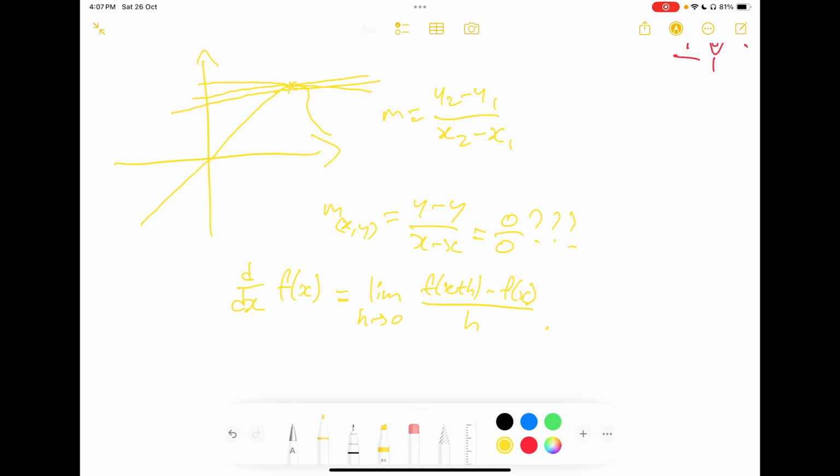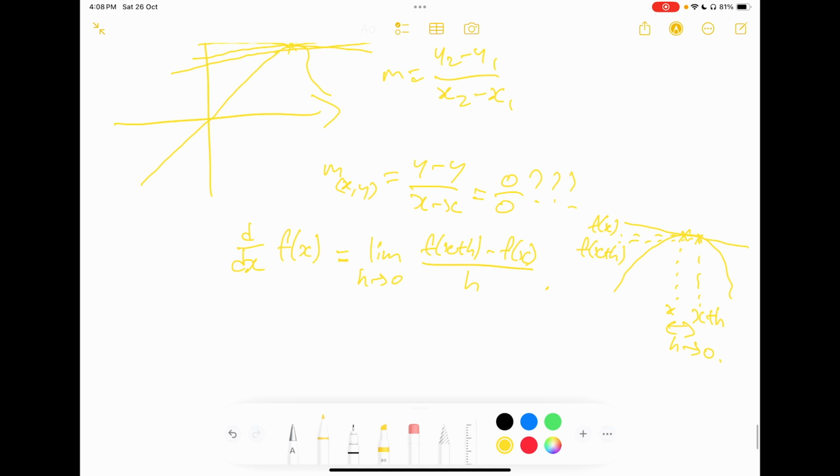If you have a function and you zoom in really hard and try to cover the rise over run for, let's say, the value of x plus h, you would get f(x) and f(x plus h). However, as you make this value of h smaller and smaller, it approaches the instantaneous rise over run. So that's why this is the first principle definition of a derivative.